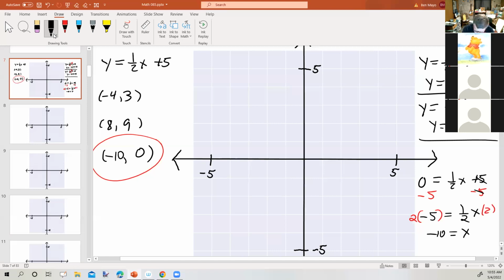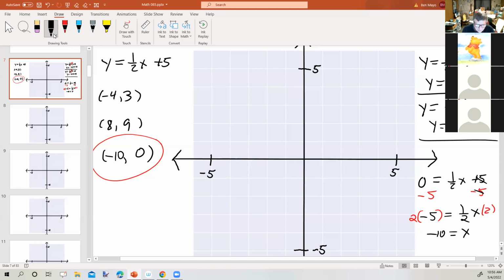All right. Now, I've run into a small problem in that my graph doesn't go out that far. It doesn't go to (-10, 0) or (8, 9). Okay, darn. So I've got a couple of options. I can pick a different problem. I can change the scale on my graph.